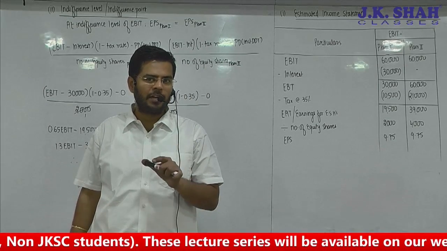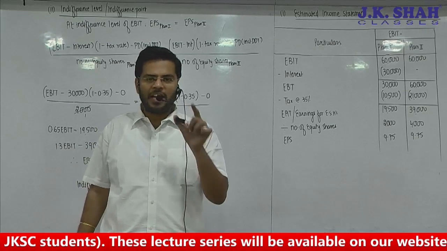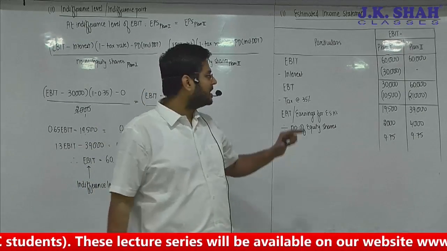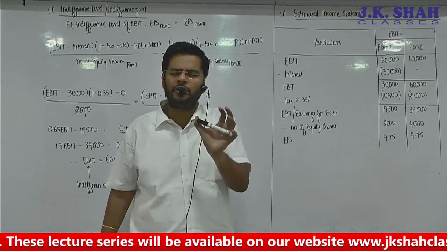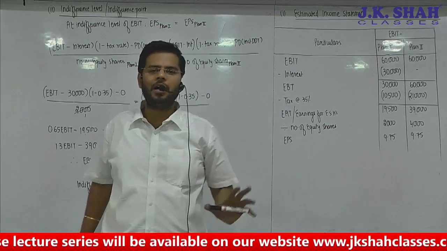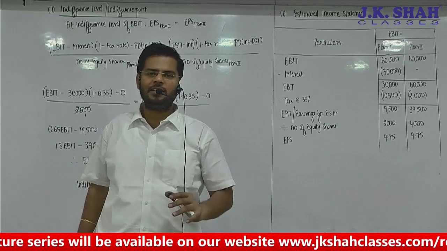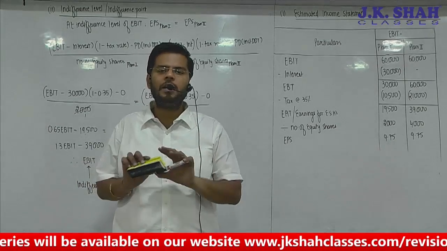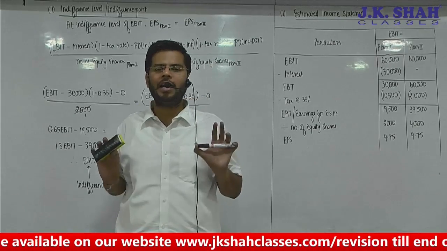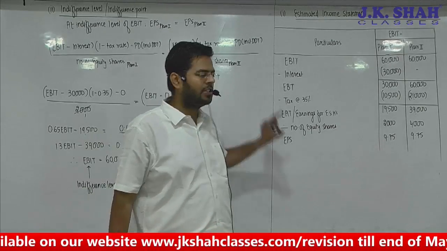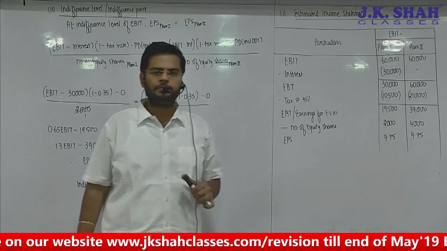So what is the financial break-even point? It is that minimum EBIT, minimum profit. इतना तो कमाना ही पड़ेगा. Anything less than this, equity shareholders will be at a loss.